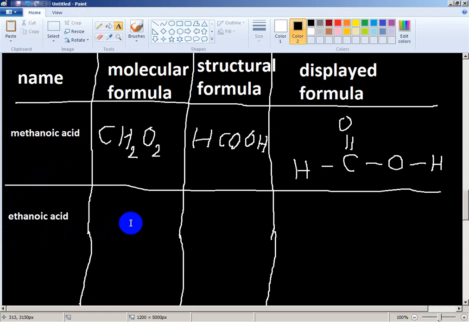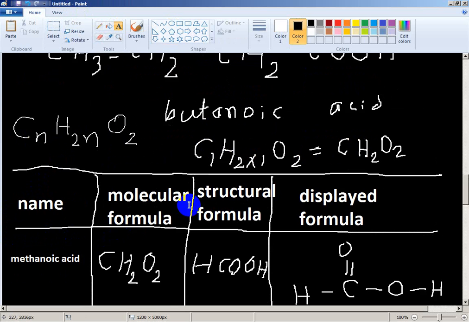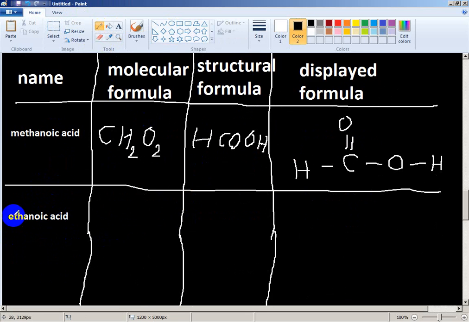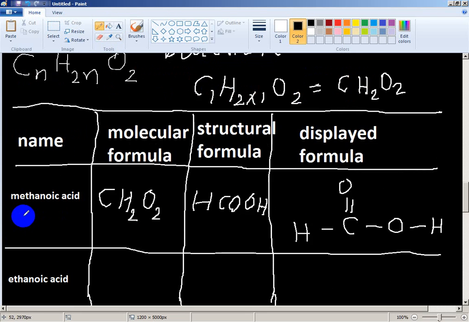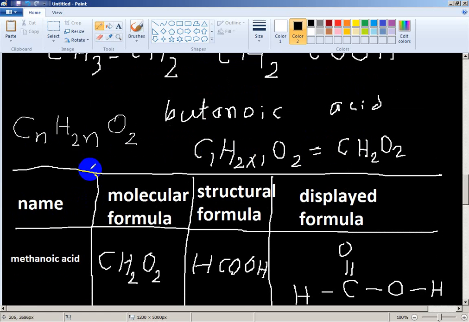Ethanoic acid has 2 carbon in the chain. So I'll put n equal to 2. If I put n equal to 2, what will be the general formula?